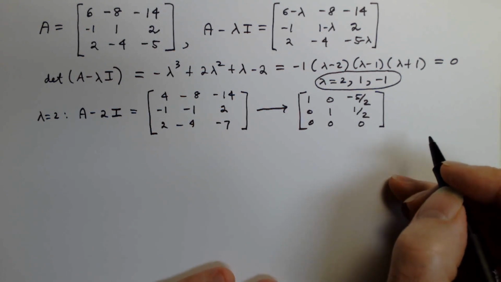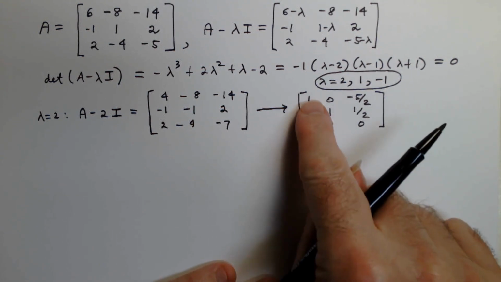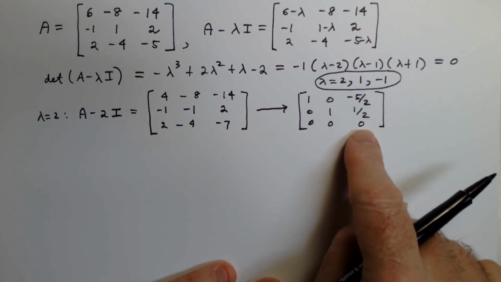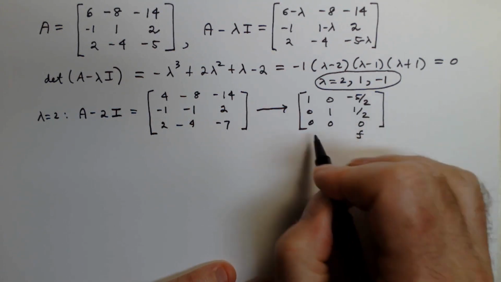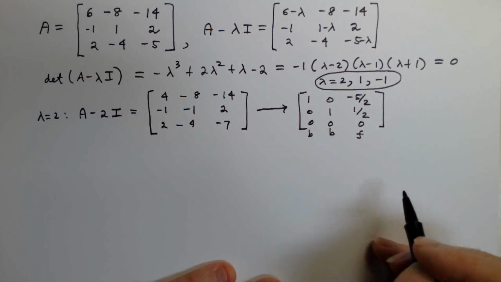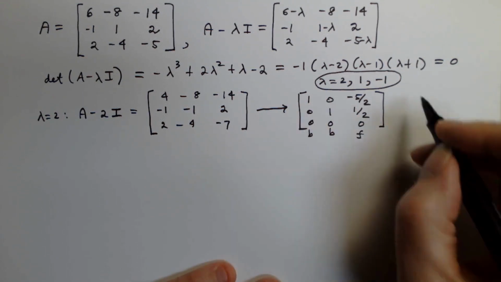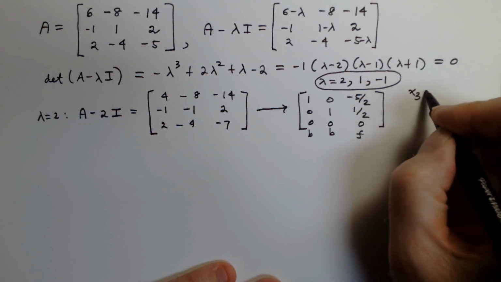Okay, now we're looking for homogeneous solutions, so let's call our variables x1, x2, and x3. We can see that the variable x3 is going to be a free variable, and x1 and x2 will be bound variables. And so we can read this top equation. Well, let's set x3 equal to s.